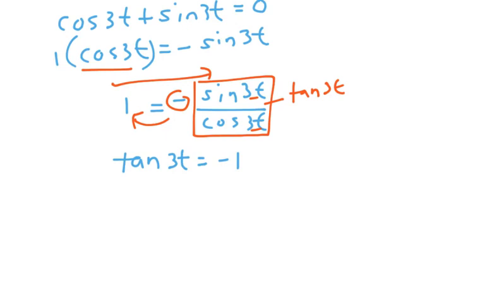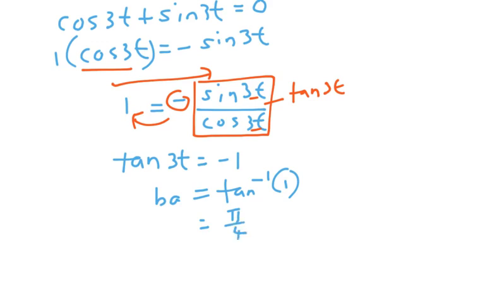Alright, so your next step will be your basic angles. Your basic angle will be shift tangent of 1, and you will be able to get this as pi over 4, since it is 45 degrees.